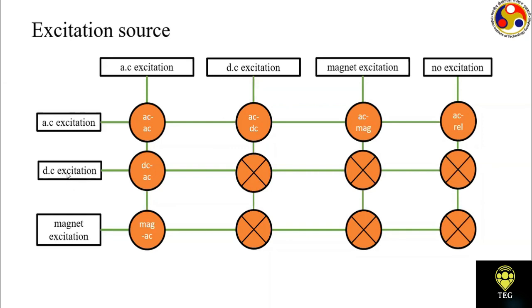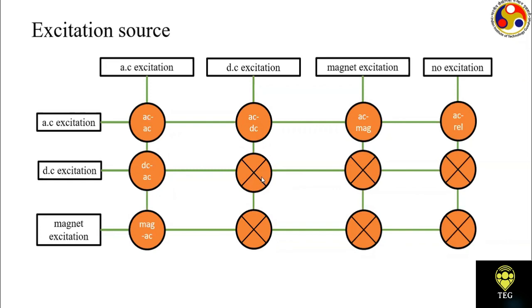Now, if I give a DC excitation to the stator, then the only option that I have is to give an AC excitation to the rotor. So these are DC-AC machines. The first alphabet, or the first two alphabets, represent the excitation that we give to the stator. So to the stator I give a DC, then to the rotor I have to give an AC. I cannot have a machine in which both the stator and the rotor have a DC excitation.